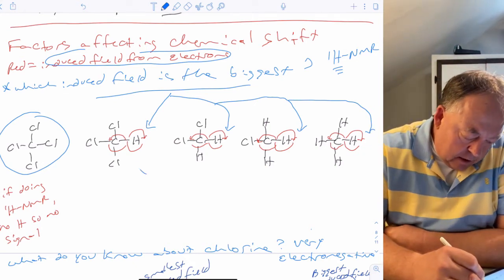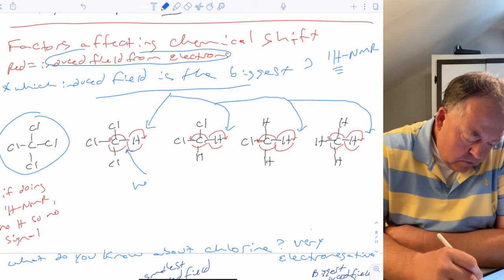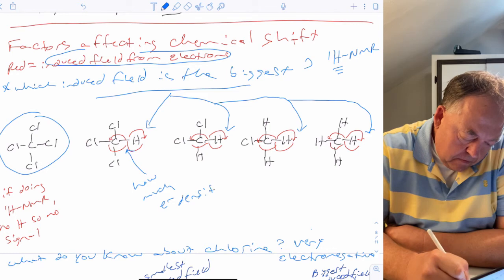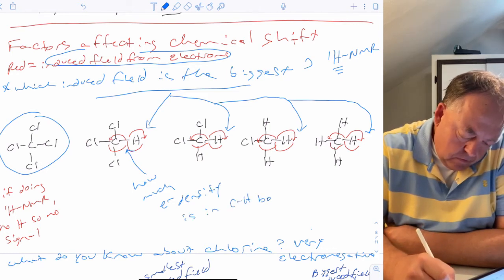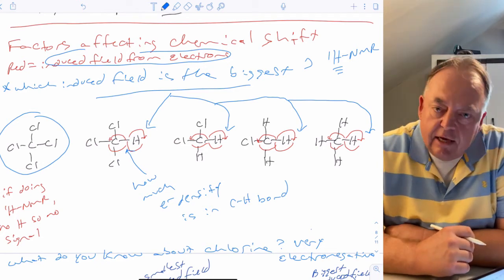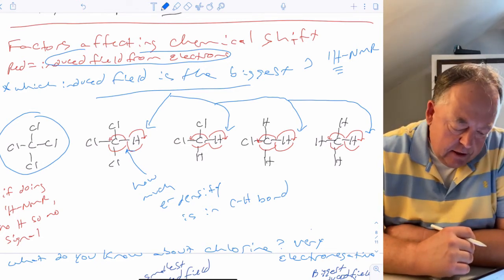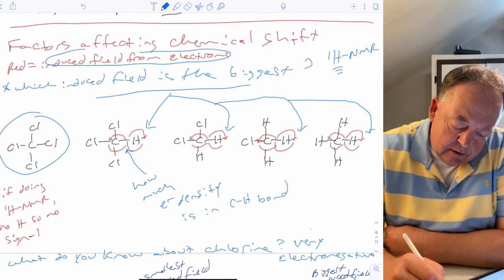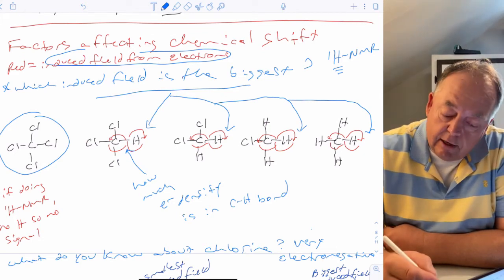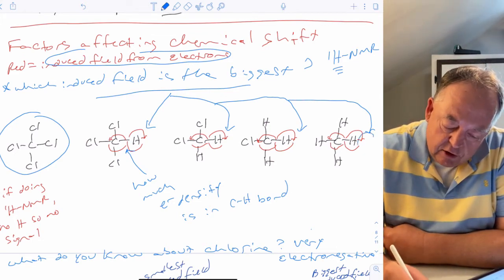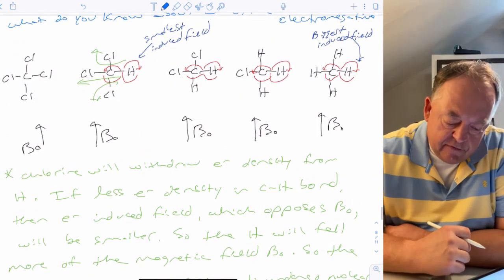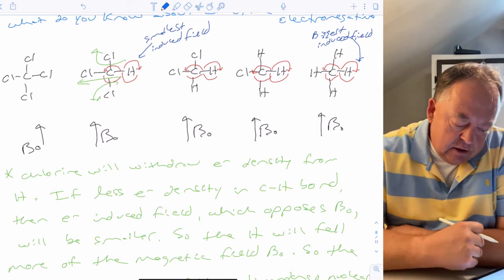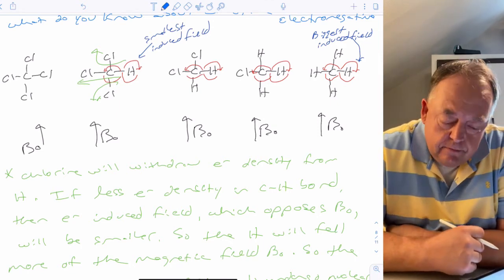And that's going to depend on how much electron density is in the CH bond. The more electron density, the bigger the field from the electrons. And the field from the electrons is opposed to the applied field, right? So now if you apply a magnetic field, that induces these, the red fields.